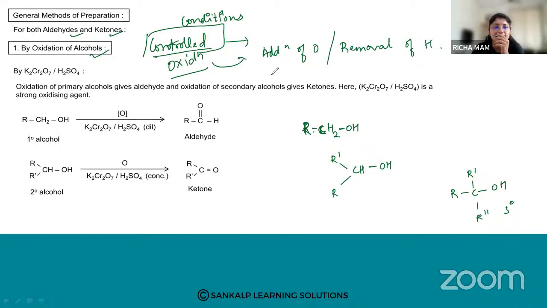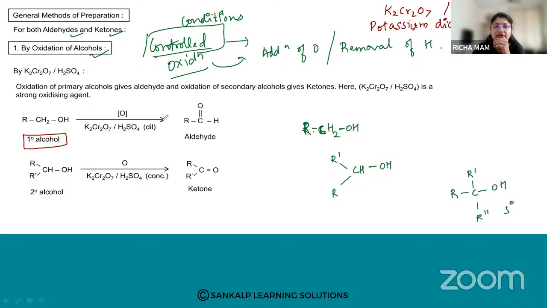Now here, when we are talking about controlled oxidation, we want to prepare aldehyde and ketone. So if you take a primary alcohol and treat it with potassium dichromate, K2Cr2O7, which is a good oxidizing agent, in the presence of H2SO4, which is an acid, here we are taking dilute H2SO4.